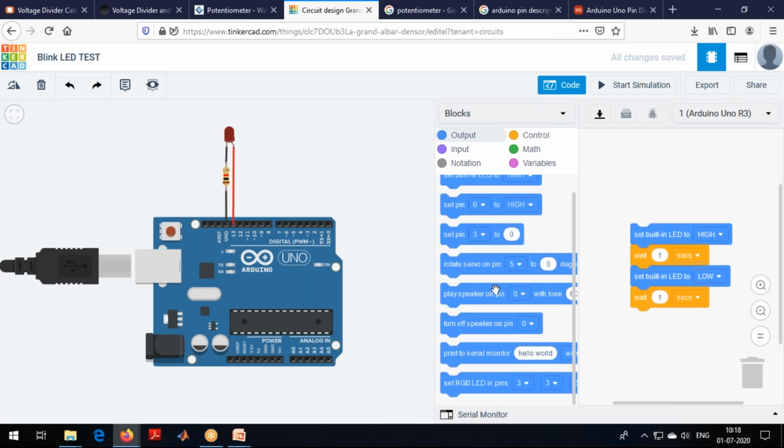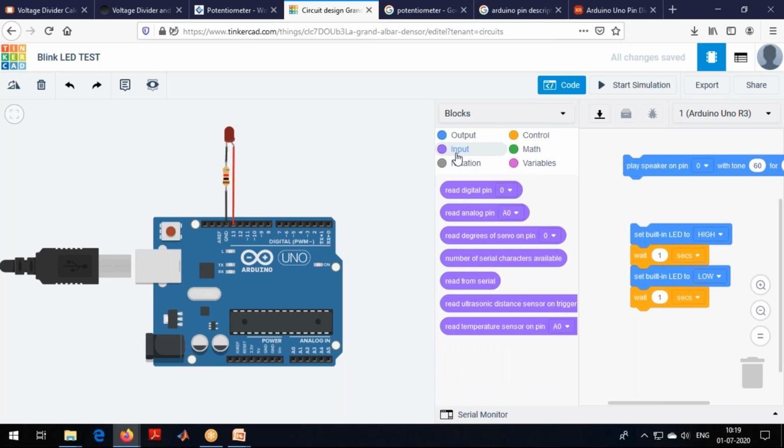I'll just drag and drop here, with tone 60 for 1 second. Like that I can write instructions. These are outputs. If you are giving any command to any particular pin, those can be taken from here. Or if I want to see a print on the serial monitor, where you can see what is happening, then I can go with print to serial monitor.